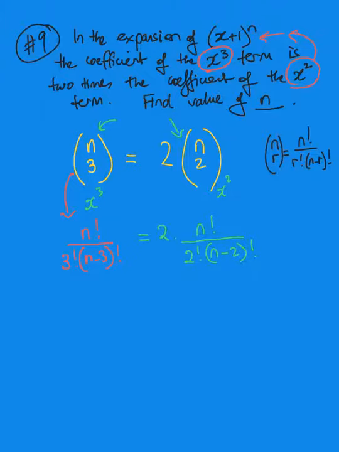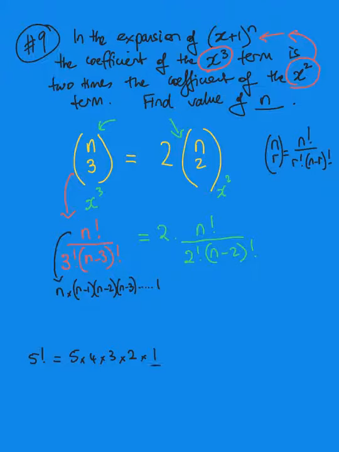So what does n factorial mean? That becomes n times n minus 1 times n minus 2 times n minus 3, etc., until we get to 1. If you've forgotten that, just remember, if I said to you, what is 5 factorial? 5 factorial is 5 times 4 times 3 times 2 times 1.